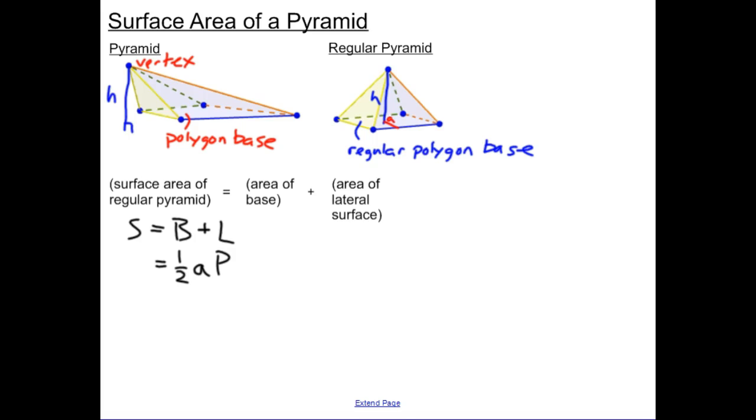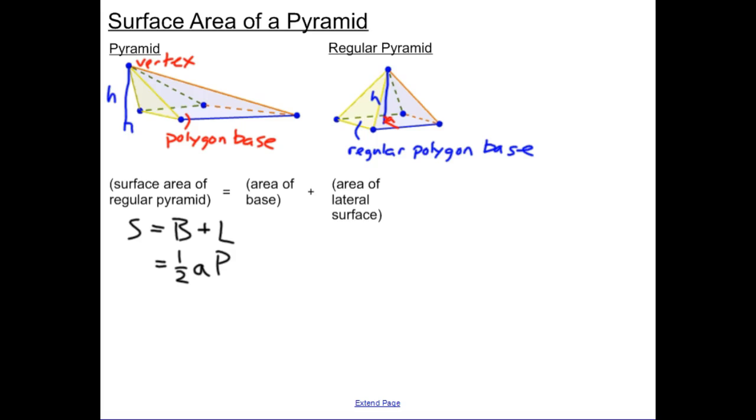So that is our apothem. It forms a right angle with the height. And that is an expression, 1/2 times the apothem times the perimeter. That will give us the area of our base.